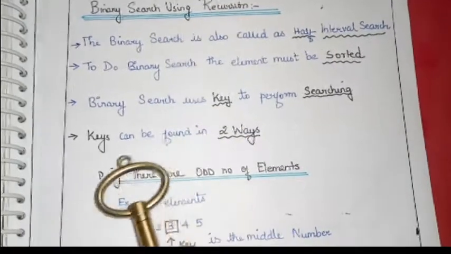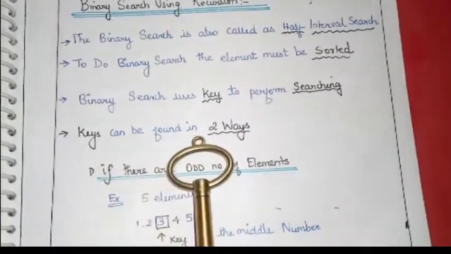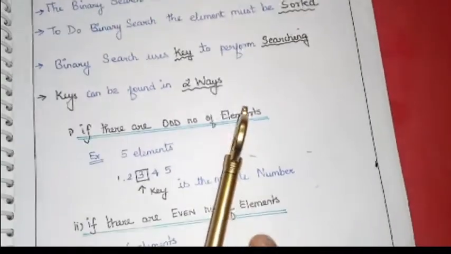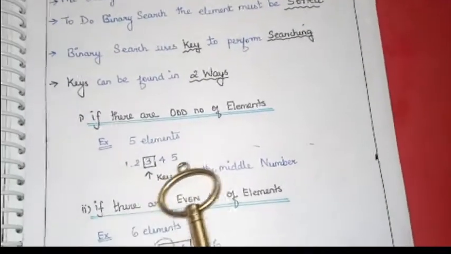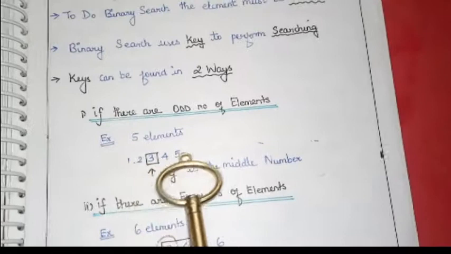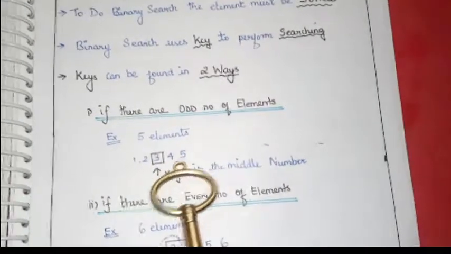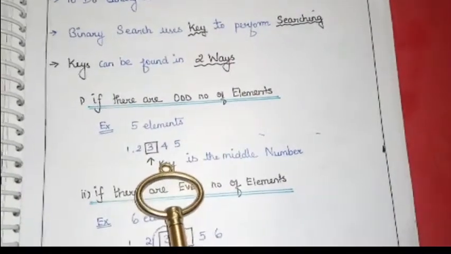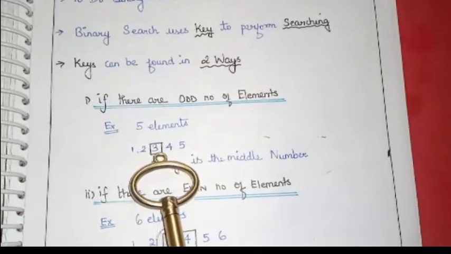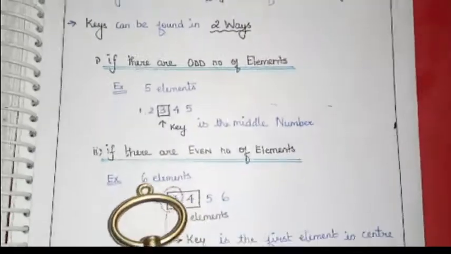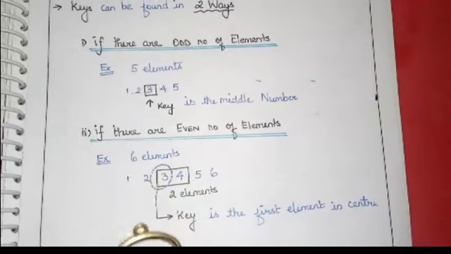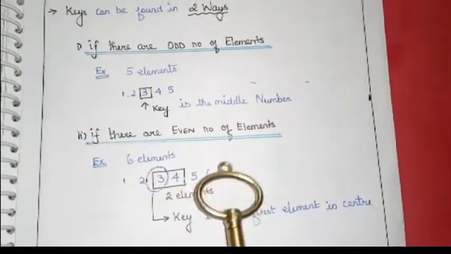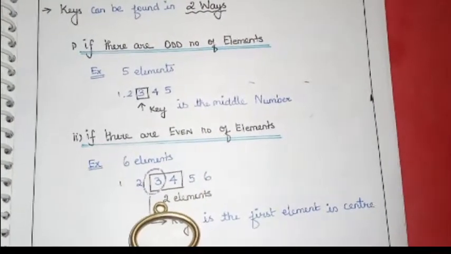There are two ways of finding the key. If there is an odd number of elements, suppose 1 2 3 4 5, there are 5 elements in my array, the key can be easily found because it will be the middle number. If we have an even number of elements, suppose 1 2 3 4 5 6, how can I find the key?